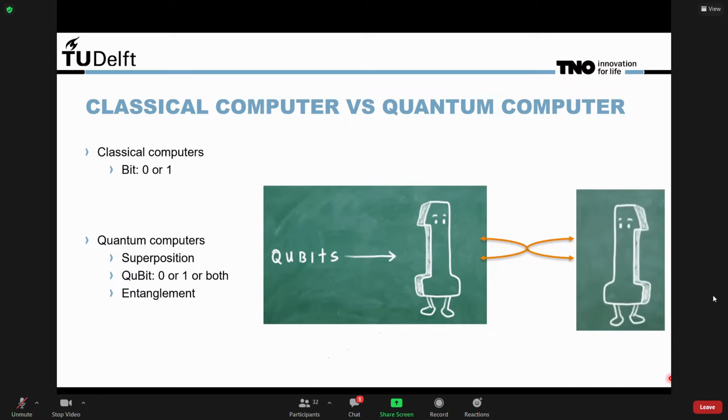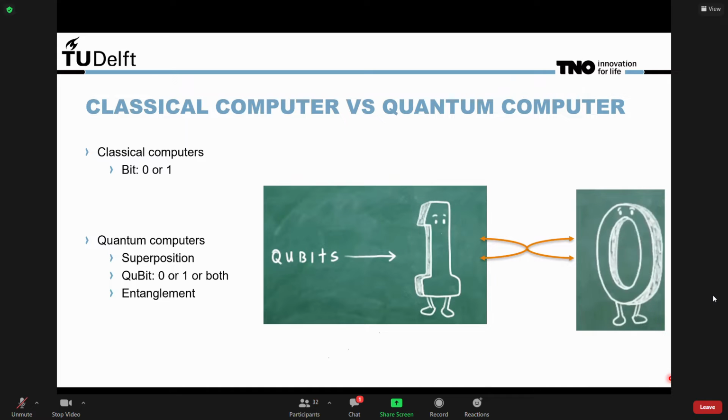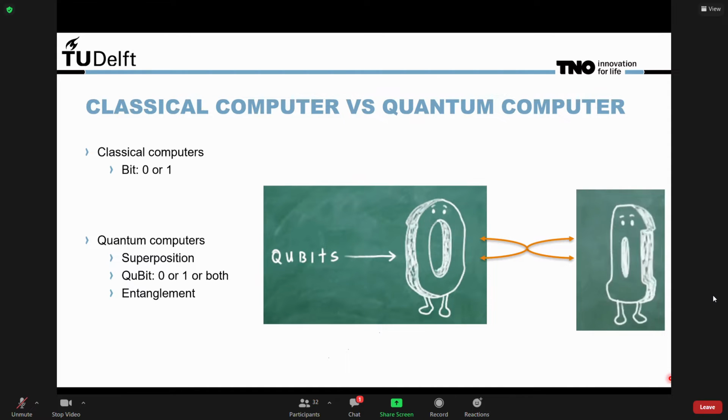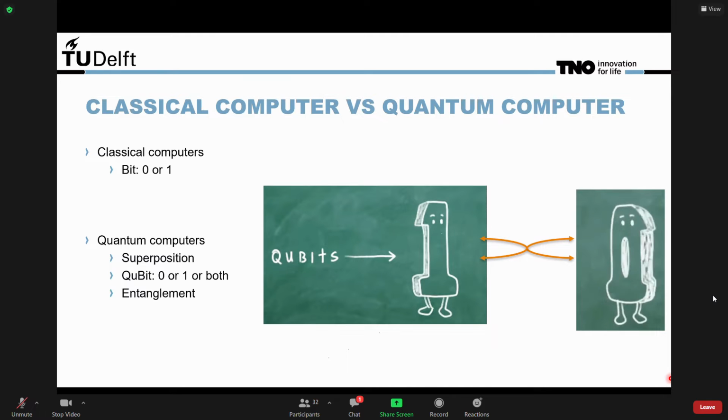This means that the state of one qubit, whatever it is, 0 or 1 or both, depends on the state of the other qubit. And so using these two principles, qubits can act like advanced on-off switches, helping quantum computers solve problems that are impossible to solve with normal computers.